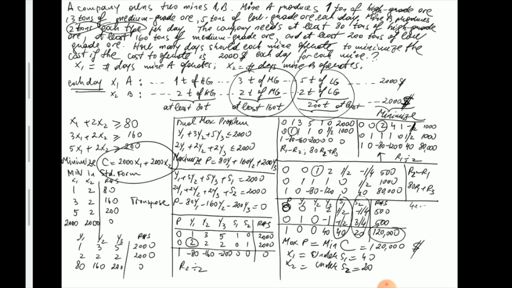So the minimum is attained for x1 equals 40, x2 equals 20. And you can check at the end if you want, if you plug in 40 for x1 into the objective function and 20 for x2, obviously you should end up with 120,000.